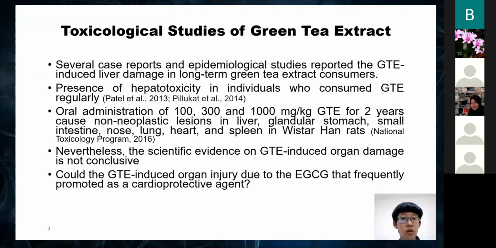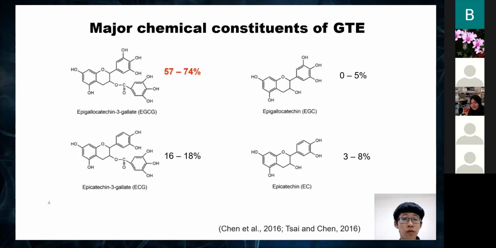Could green tea induce organ injury due to the EGCG that has been frequently promoted as a cardioprotective agent? In view of EGCG being the most abundant catechin and possessing the highest bioactive activities in green tea extract and its potential uses in treating cardiovascular diseases, this present study aims to investigate the safety profile of EGCG in SHR.